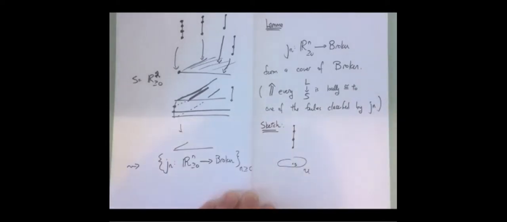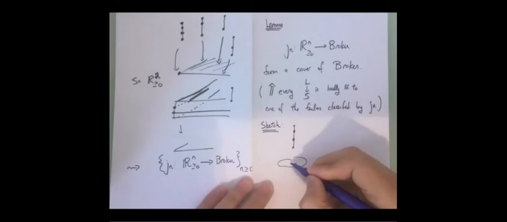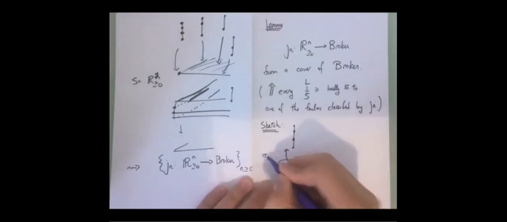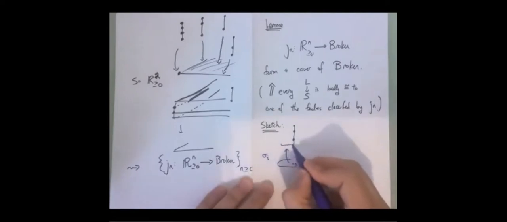Okay. So what we can do actually is, by the local triviality condition, we can find local sections. I'll call these sigma i's. These local sections will have images that look like this.